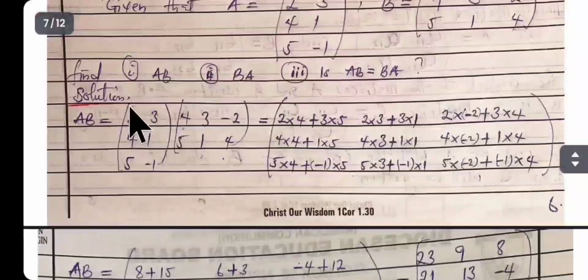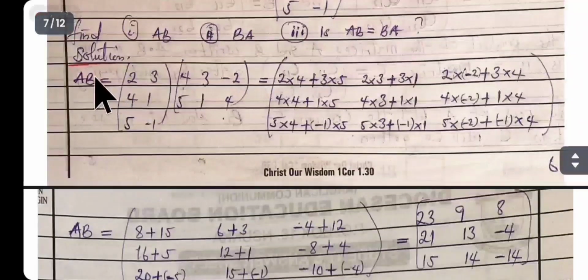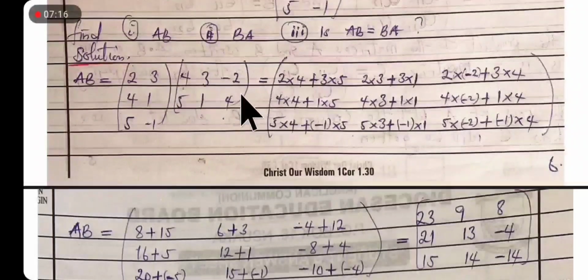So solution, let's find our AB. A multiplied by B. This is matrix A, this is matrix B. If you are multiplying these two matrices together, we are going to follow the rules that we use. So you see, the row of this first matrix will be used to multiply with the column of this second matrix. So let's go.